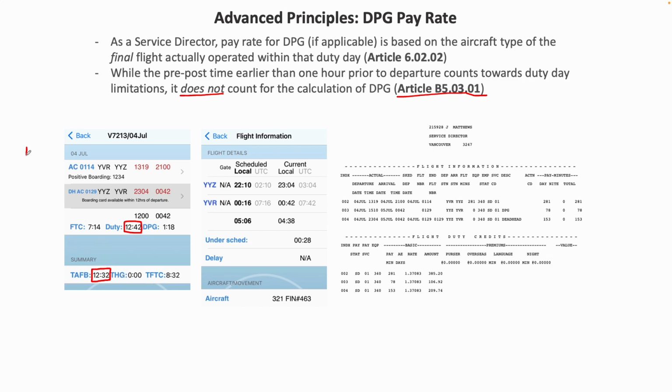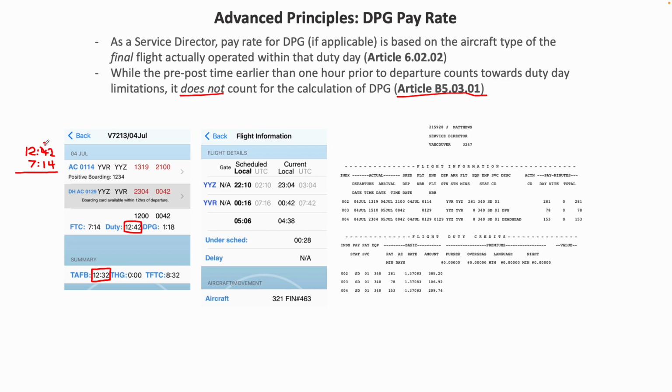What a lot of people do is they take their duty day, so in this case 12:42, and they subtract their FTC, so 7:14, to figure out the difference between the two.